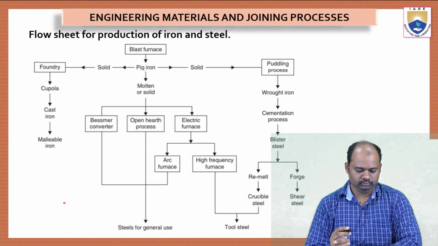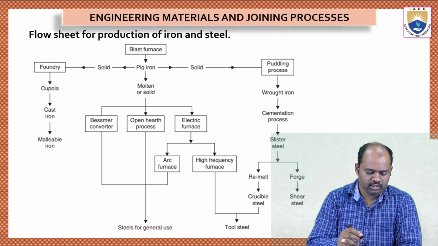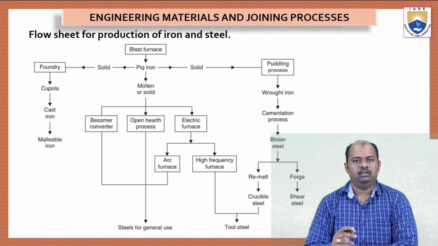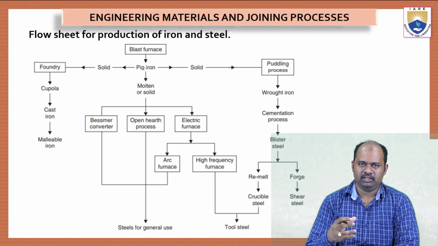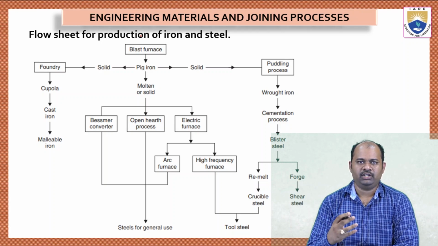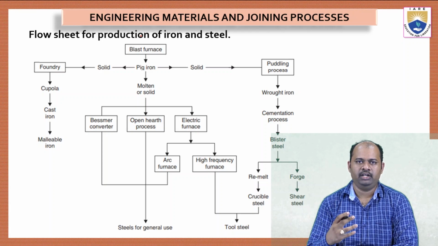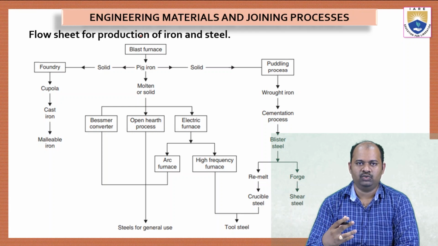Now see here, initially we have to take the raw iron ore from the Earth's crust. It is dug out, and it has to be processed and refined using different techniques to get the final form of iron, which we are going to use in our engineering applications.